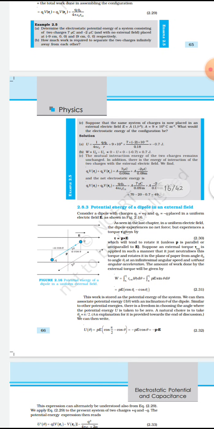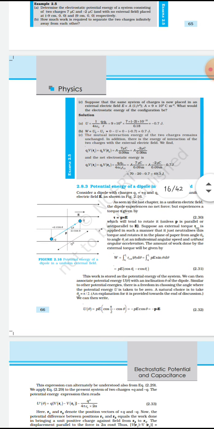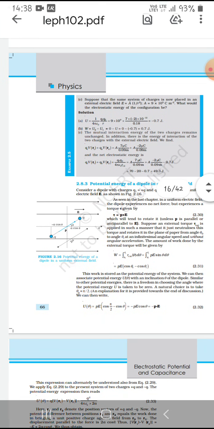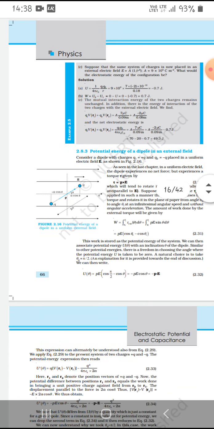So the potential energy U is equal to pE times (cos pi/2 minus cos theta), which is equal to minus pE cos theta, that is minus p dot E.